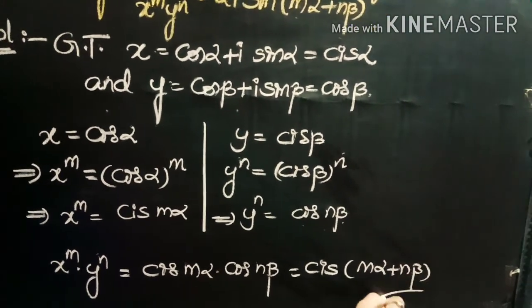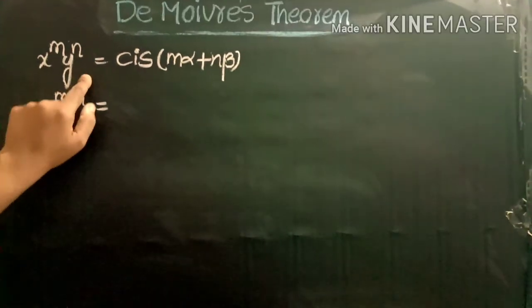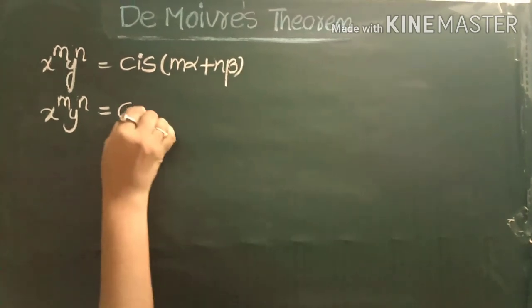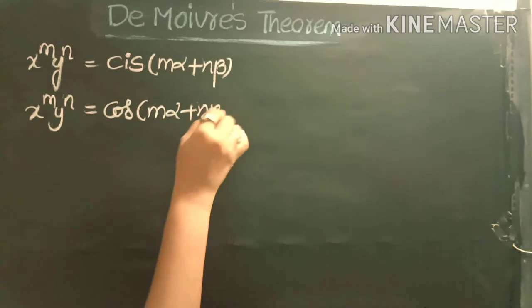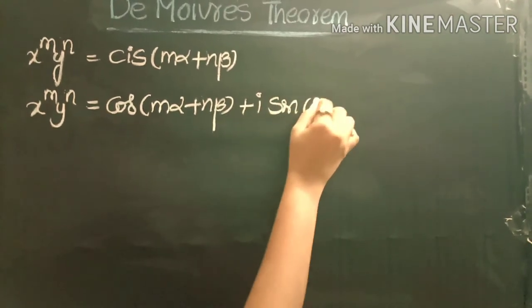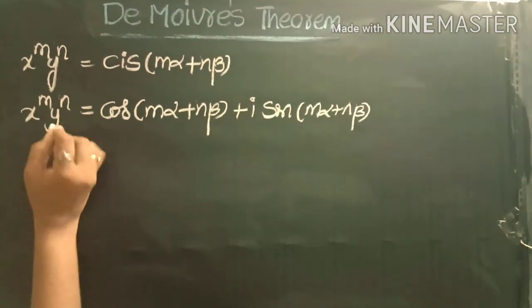Now this is the value of x^m y^n, and this is nothing but cos(mα + nβ) + i sin(mα + nβ).